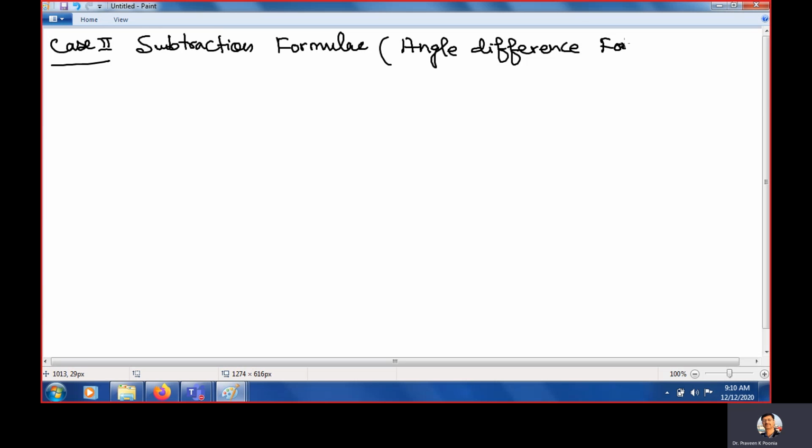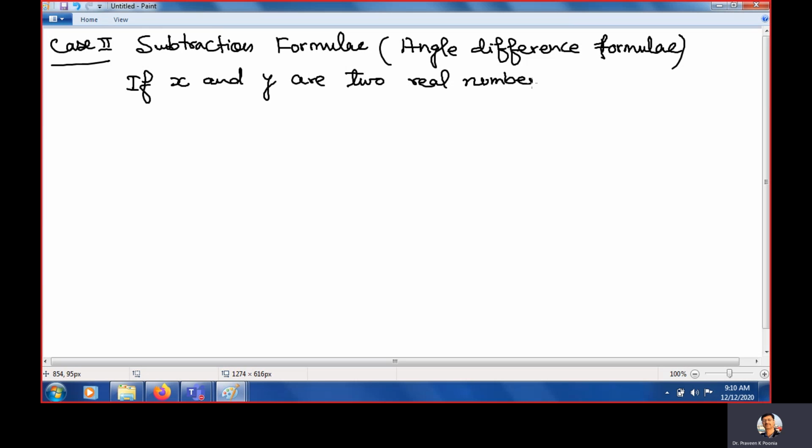Angle difference means if x and y are two real numbers, then what is the formula? It is sine x minus y, because it is the difference here. Sine x minus y and cos x minus y.